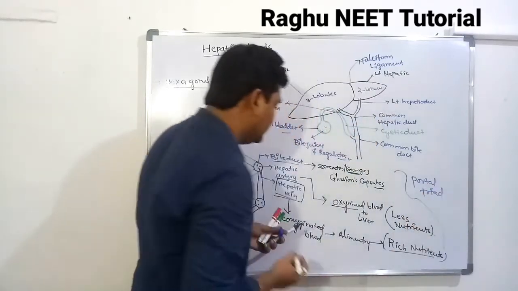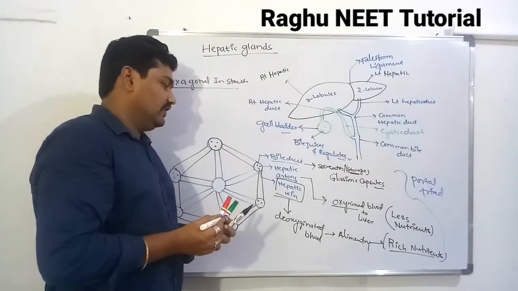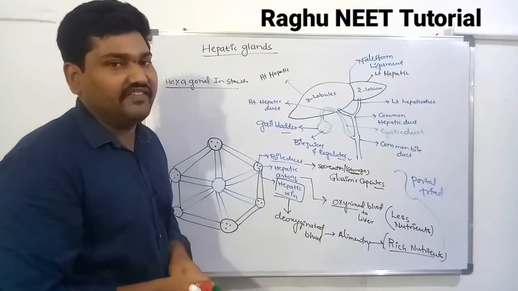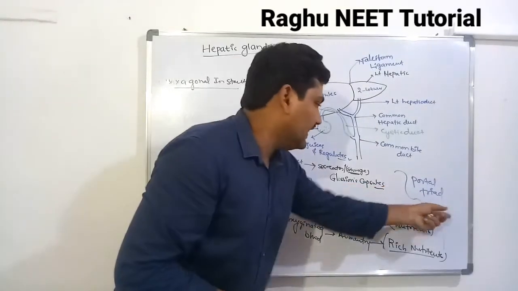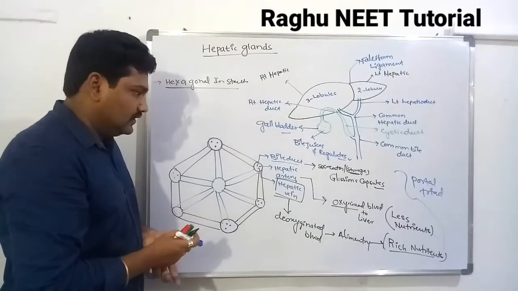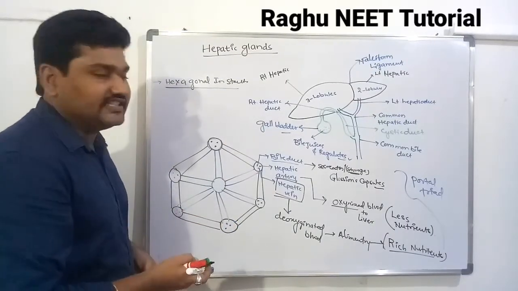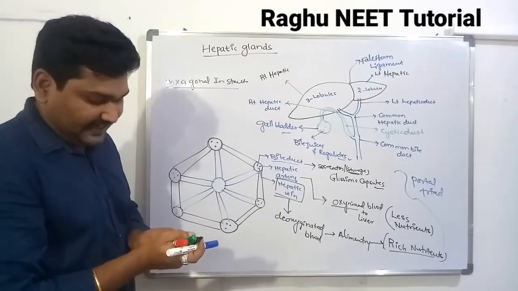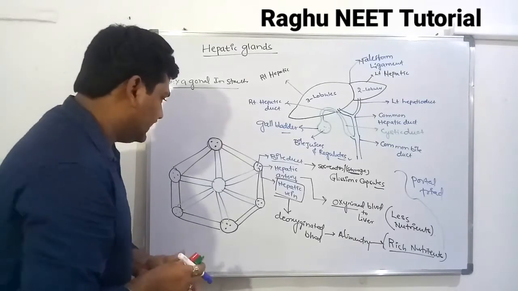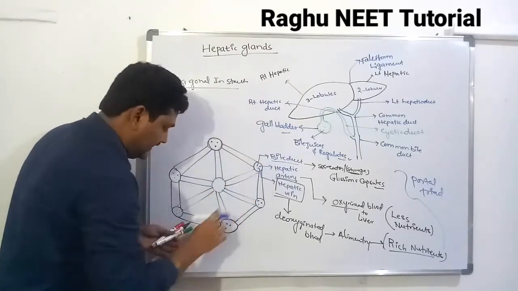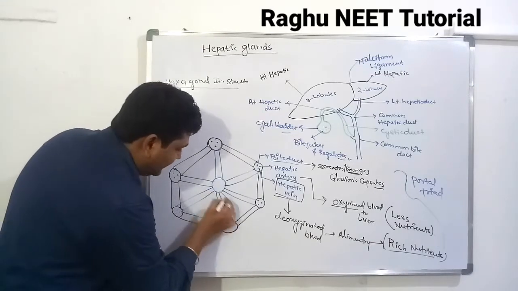What is the portal triad? The hepatic artery, hepatic vein and bile duct. These three are called the portal triad. This portal triad directly leads into the central vein.